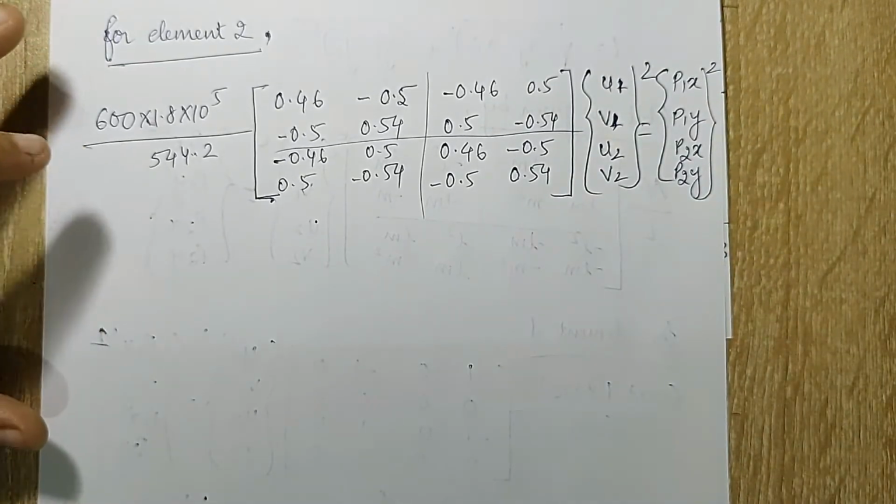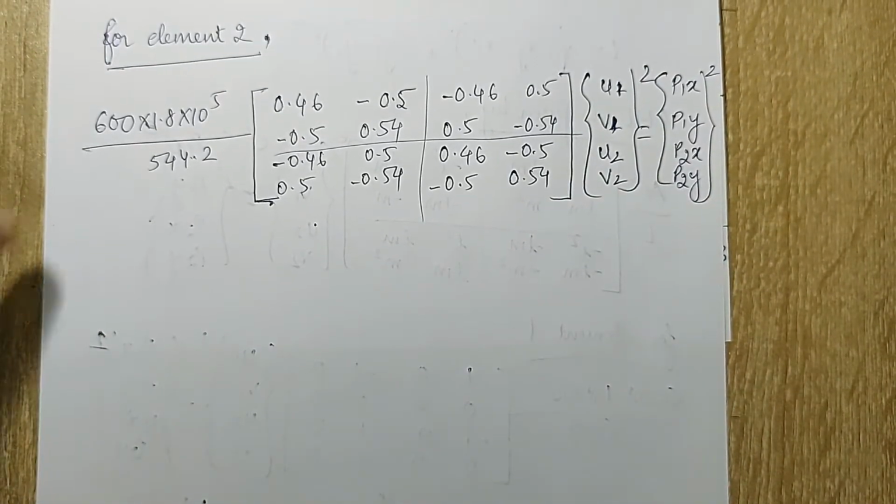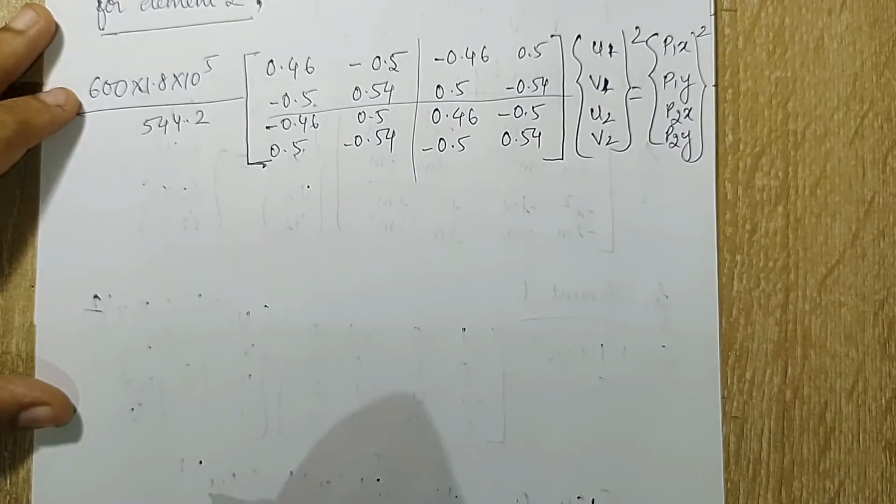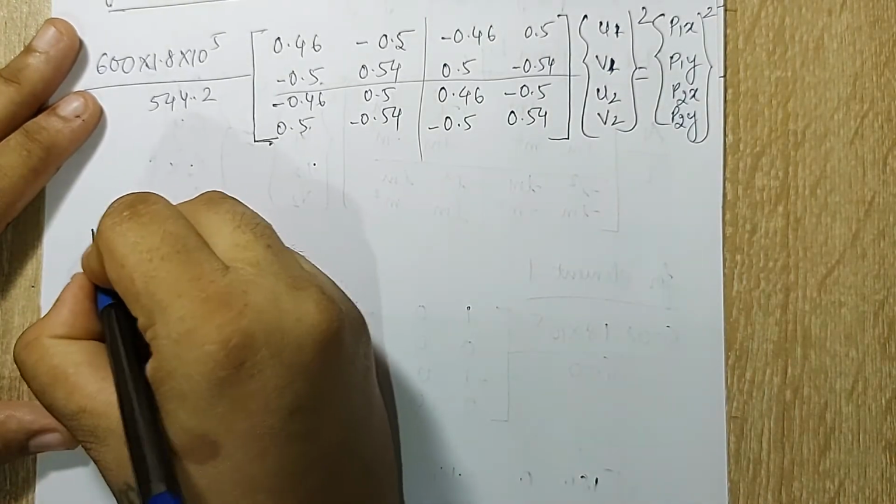Now you know how to solve this. So I'll multiply, take a 10 raised to 3 outside. The number that I get, I'll be multiplying with each value here. So when I multiply, I get this as 10 raised to 3.